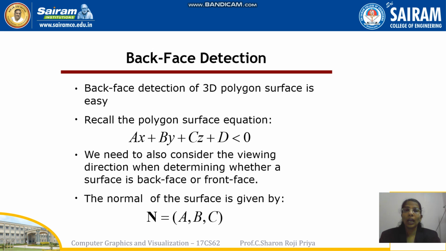There are so many visible surface detection methods, like the back face detection method, depth buffer, ray casting, and depth sorting. Out of all these, the first one is back face detection, because it is a pre-processing step.